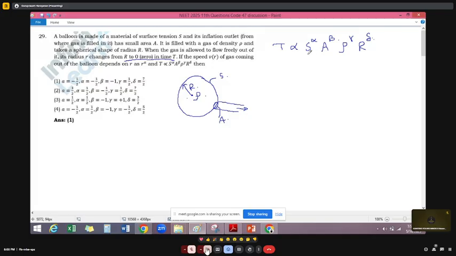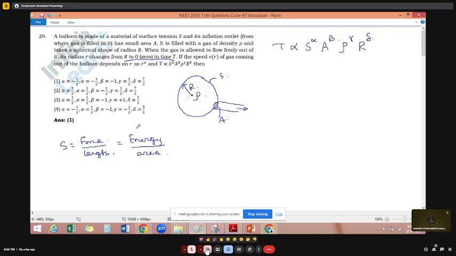Let me see. Surface tension, it's coming in your fluid mechanics chapter, right? So surface tension, you should know it is force per unit length. Or you must have studied it as energy by area. Okay, if you don't know, you should know this.